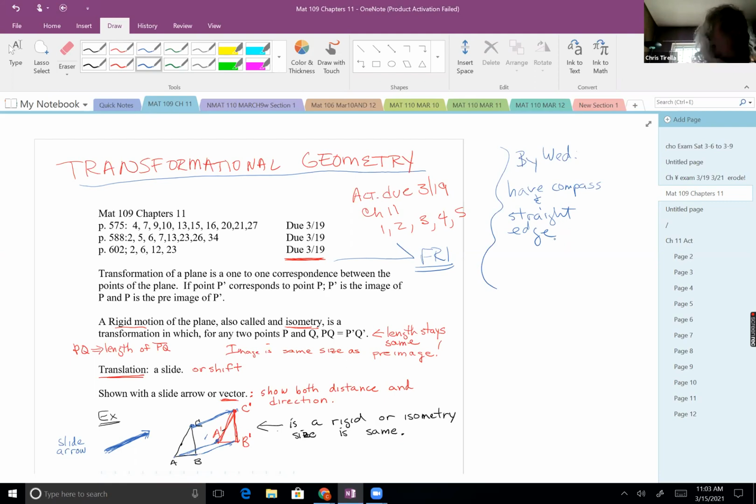Friday, we finished filling in the notes packet for chapter 11. Did anybody have questions on anything that we've done note-wise with chapter 11?